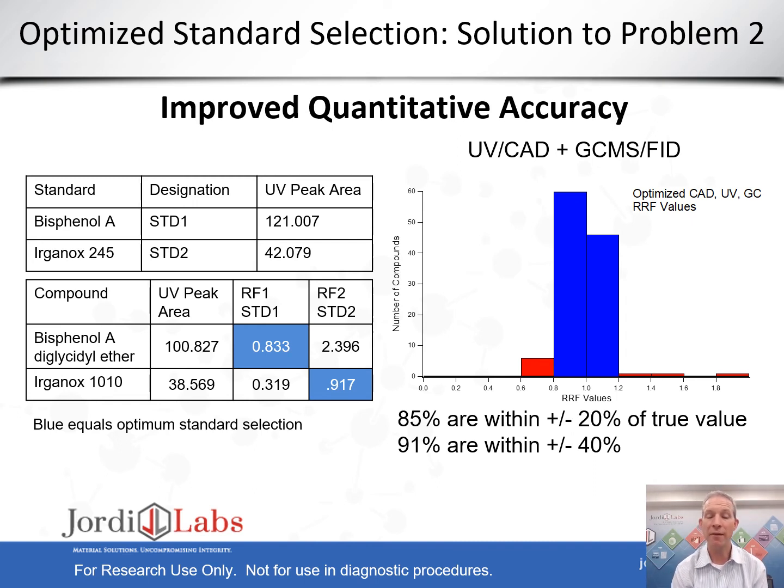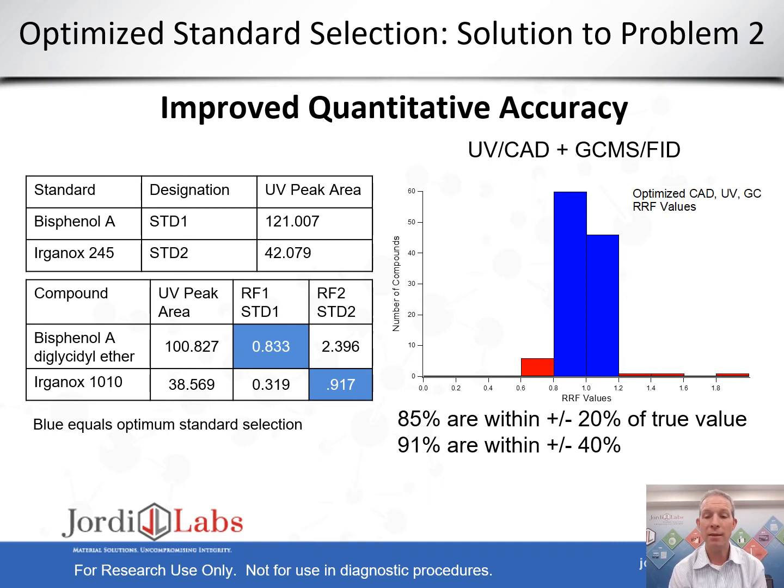And in this case, we get a value that's 92% of the true quantitative value. If, on the other hand, we were to substitute that out and use bisphenol A, for instance, we get an answer that's only 32% of the true value. So this is a good example of why appropriate surrogate standard selection is important.